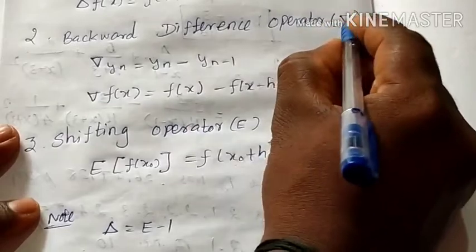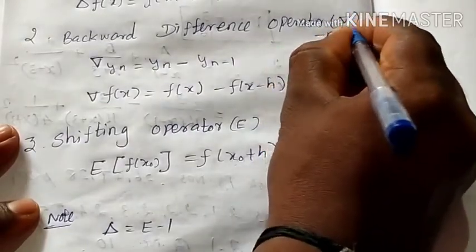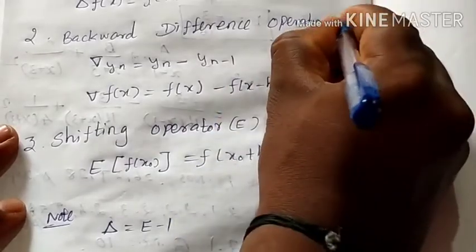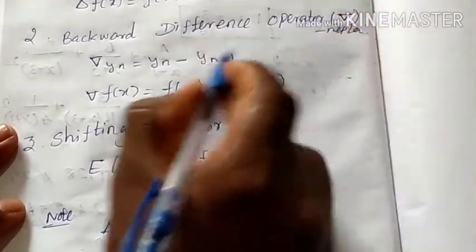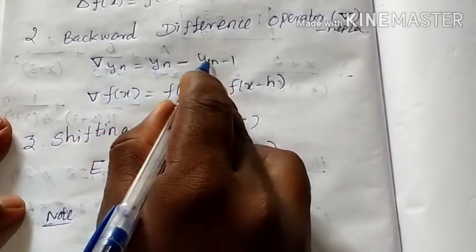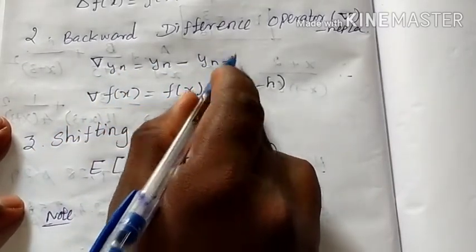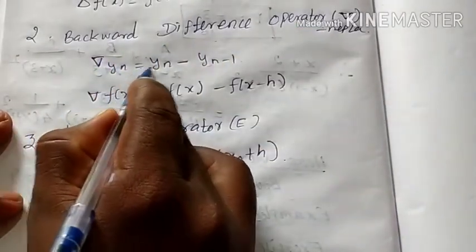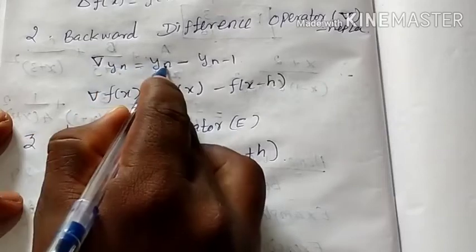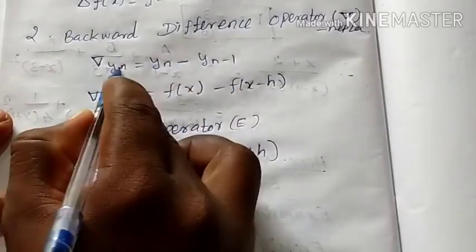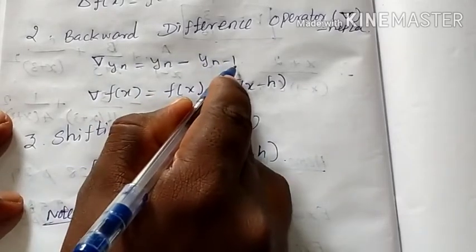Then the second one, backward difference operator. It is denoted by nabla, and can be read as nabla. Nabla yn equal to yn minus yn minus 1. This is the general form of backward difference operator: the same yn minus the previous term yn minus 1.